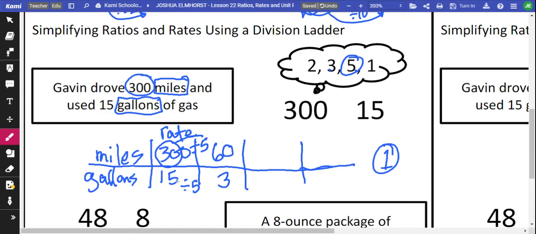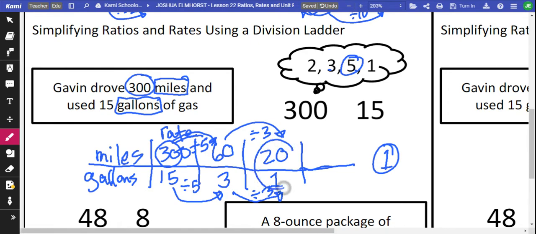So now we simplified by a factor of 5. Now we can look at 3 right here. Divide by 3 to simplify that. 60 divided by 3, 6 divided by 3 is 2, and then 0 divided by 3 is 0. So 20 miles per gallon. Right here would be the unit rate, 20 miles per gallon. So it looks like we didn't need this extra one here.